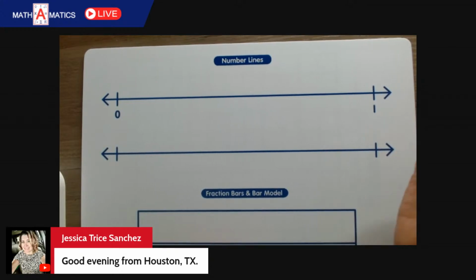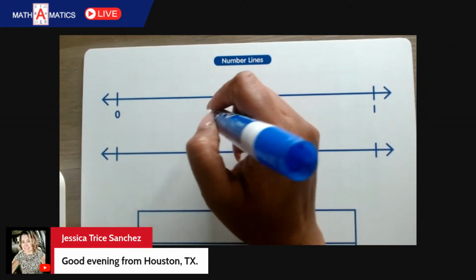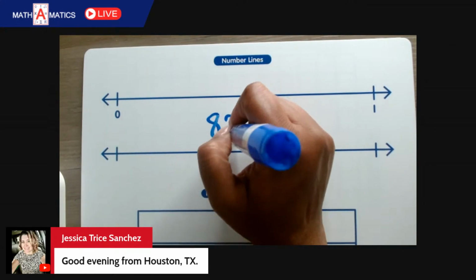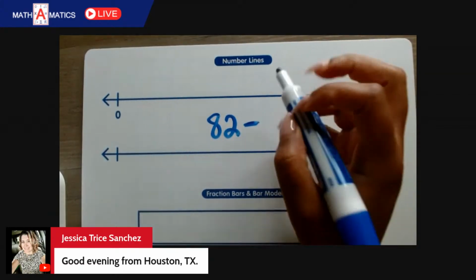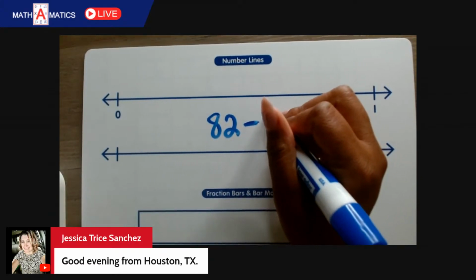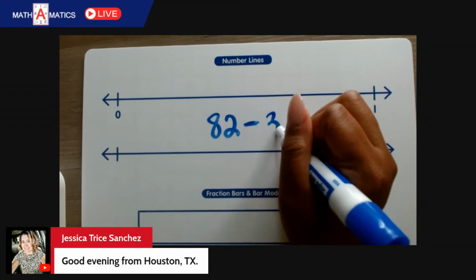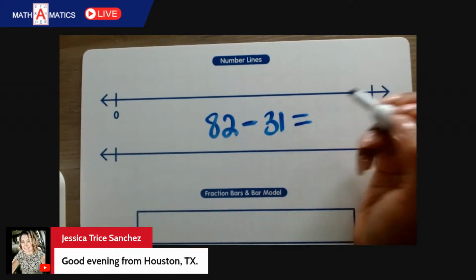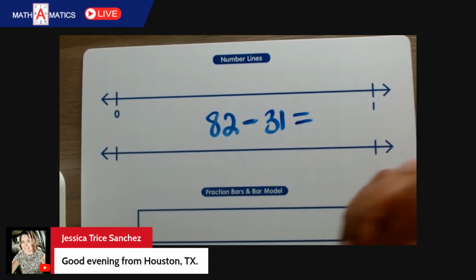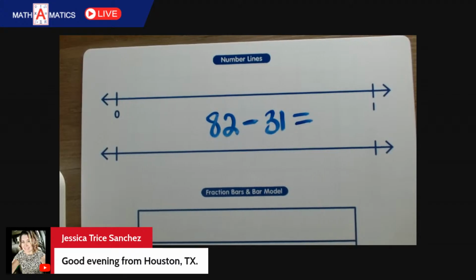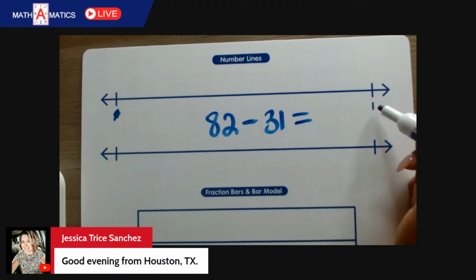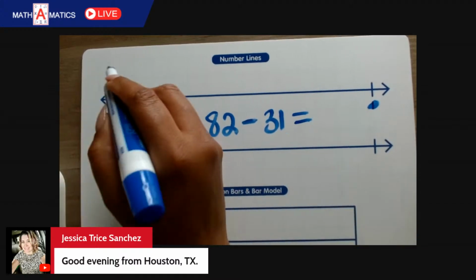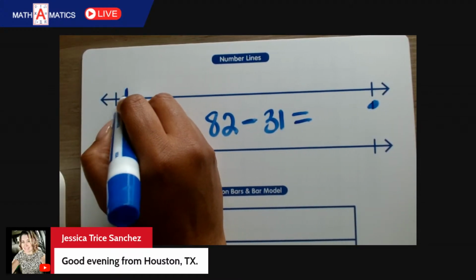So I am going to start, and I'm going to put the problem down below just so we can see it. We're going to do 82 minus 31. And what does it equal? So one thing, when using the number line, here it says 0 and 1, but those don't matter. I tell my students, let's start with our big number.